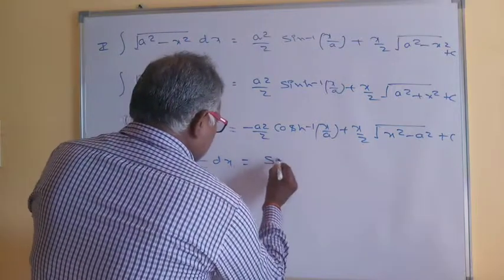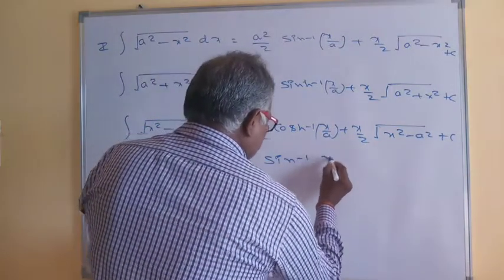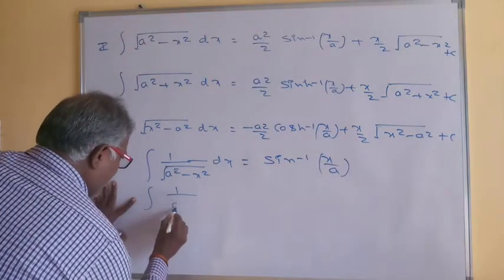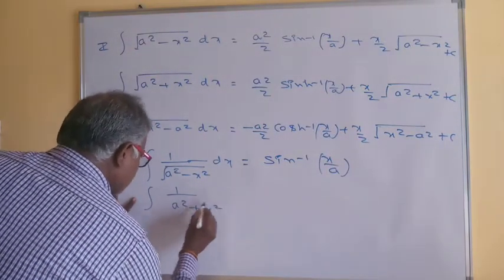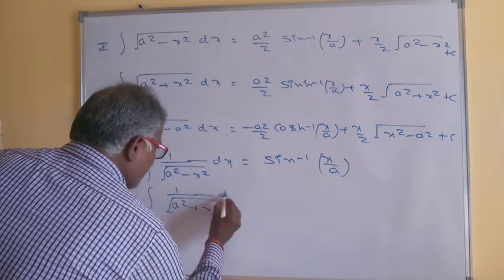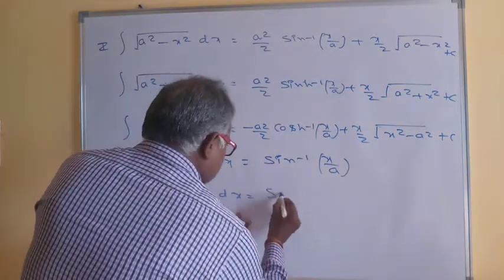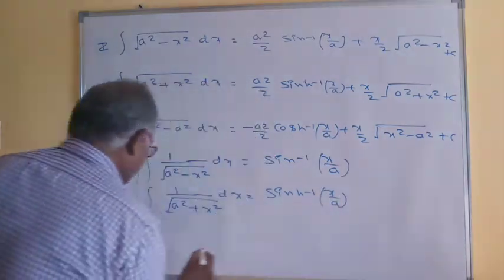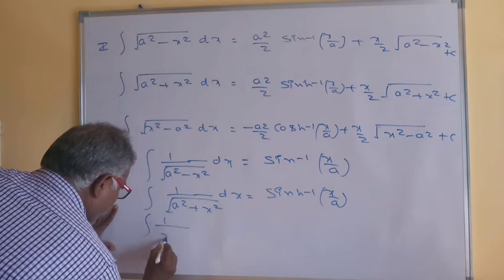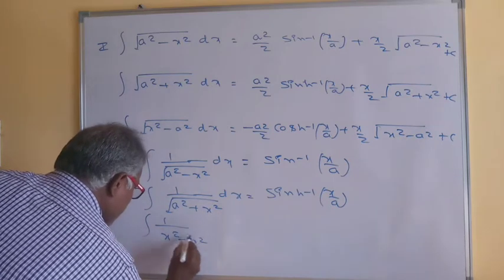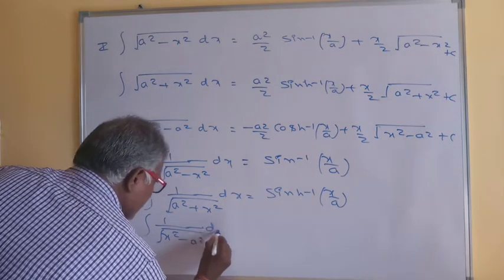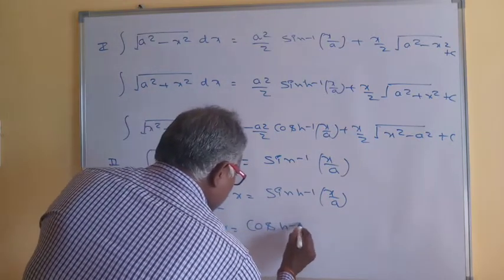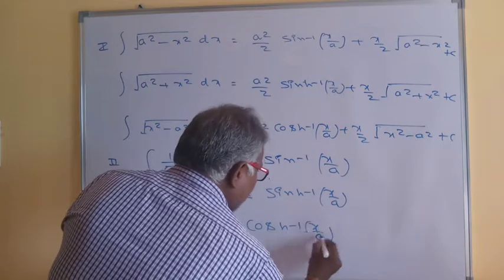So this is nothing but sin inverse x by a. 1 by root of a square plus x square means sin h inverse x by a. 1 by root of x square minus a square means simply cos h inverse x by a.